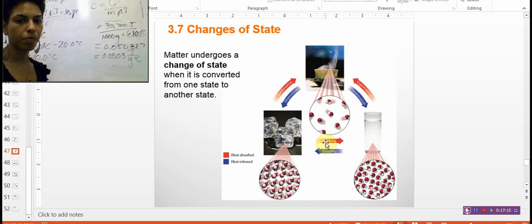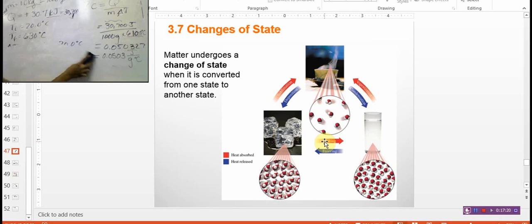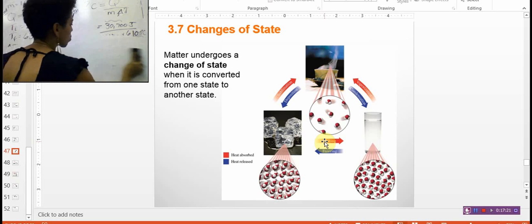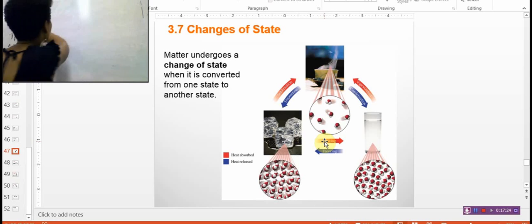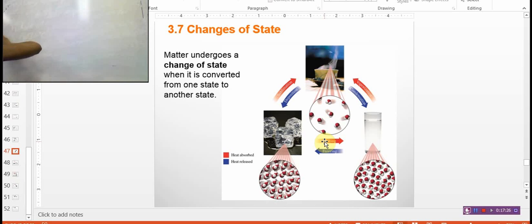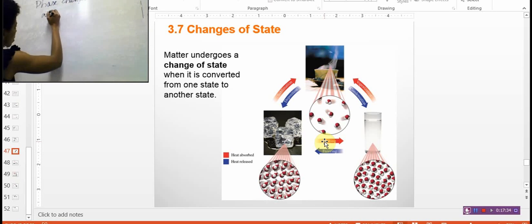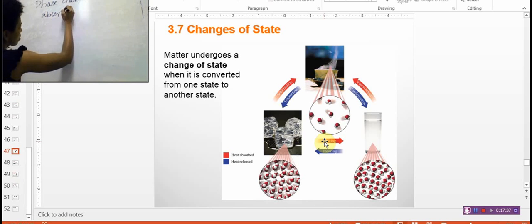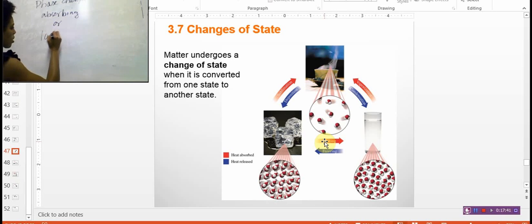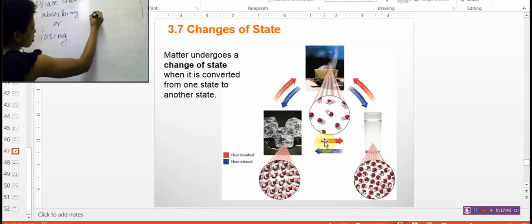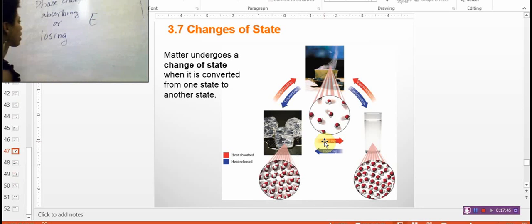Now, we've been mentioning specific heat in terms of the amount of heat energy that is either absorbed or gained, right? And phase changes have to do with either absorbing or losing energy, right?